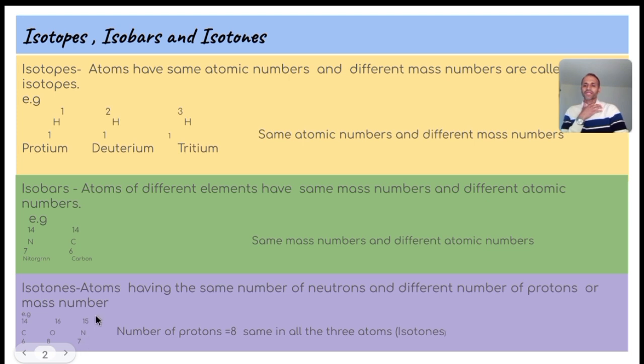When you take the difference between the mass number and the atomic number, that gives the number of neutrons. So 14 minus 6 is 8, 16 minus 8 is 8 again, and 15 minus 7 is 8 again. So the number of neutrons is 8, and they are called isotones.